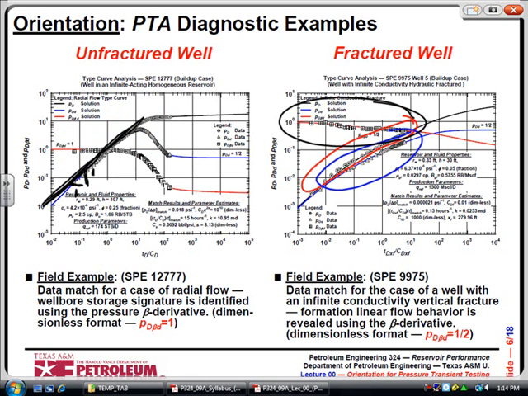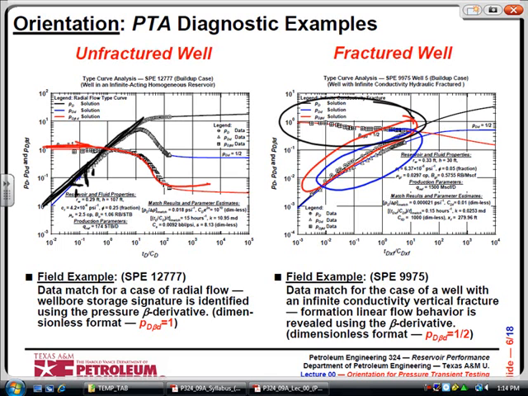So if I take a molecule of fluid out of the wellbore, the pressure drops in a linear relationship. Okay? So if I take the derivative and the pressure drop functions and I divide one by the other, I get a unit relationship. And then if I continue to plot that, the data trends down.